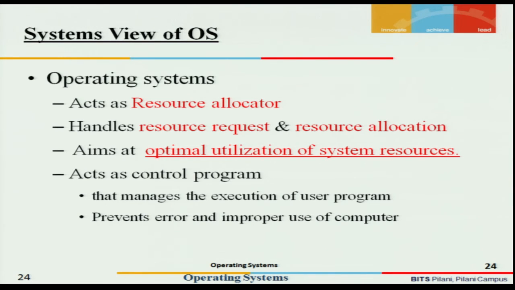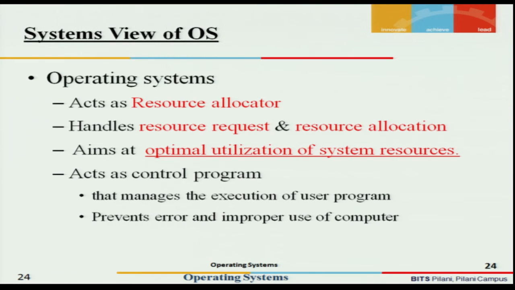It would act as a resource allocator based on resource requests. The operating system would handle resource requests and resource allocation, and the aim of our operating system is optimal utilization of system resources.